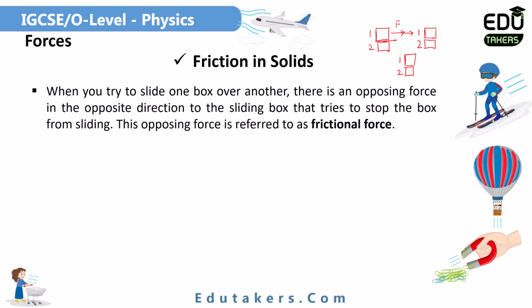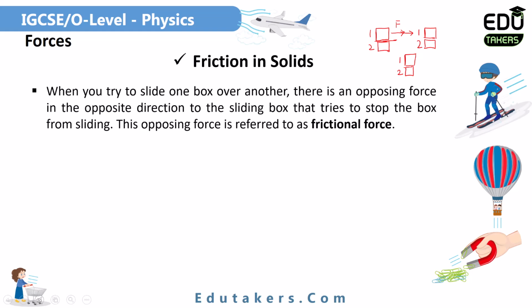That's why this force is basically called frictional force. I can simply say that when two blocks are over each other and you want to slide one box over the other, then there is a force which is acting in the opposite direction to the applied force that tries to stop the block from sliding. This force is basically called frictional force.